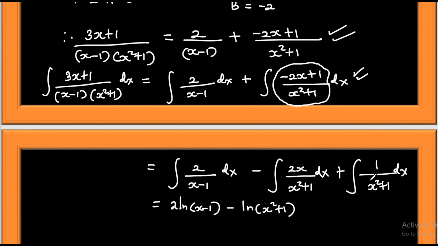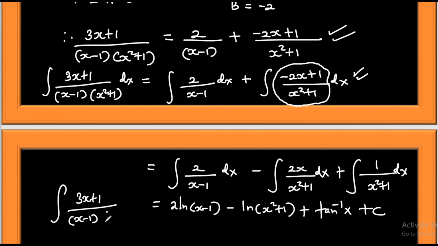And then 1 over x squared plus 1 dx, we integrate it using tan substitution. And that gives us tan inverse of x. So at the end of the day, that becomes our answer for the integral of 3x plus 1 divided by x minus 1 into brackets x squared plus 1 with respect to x.